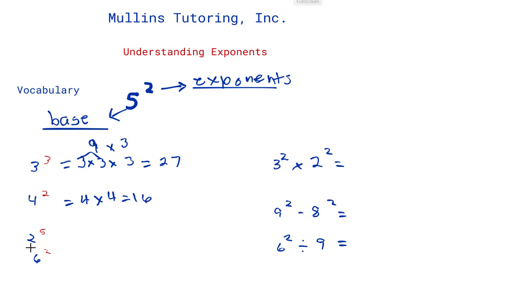Let's take a look at the next one, 2 to the 5th power. I had a student once who did 2 times 5 is 10, and even when she wrote it out as 2 times 2 times 2 times 2 times 2, she said, well, I still get 10.